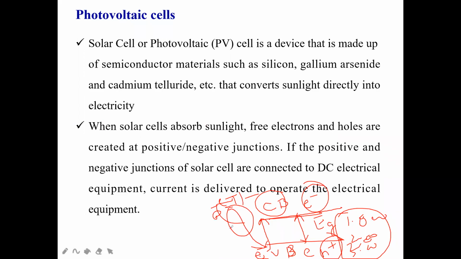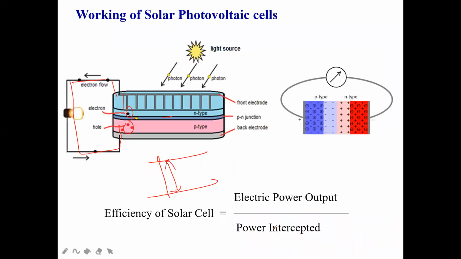So it might be possible that some electrons get excited to this place and fall back unless they reach the conduction band. But if we can reduce this band gap by suitably adding certain dopants or impurities, the band gap can be reduced.